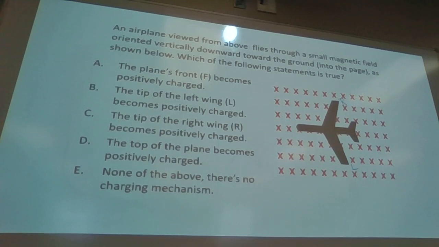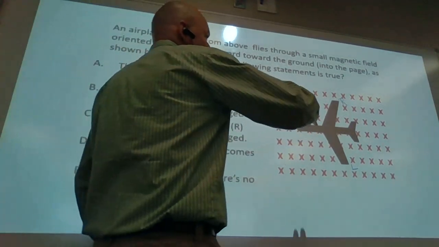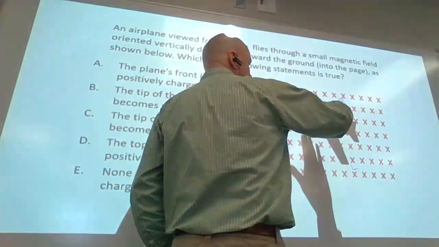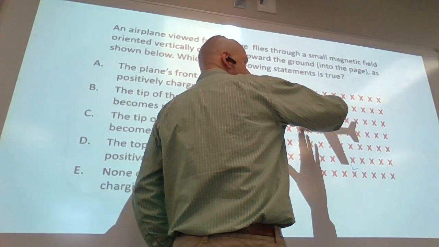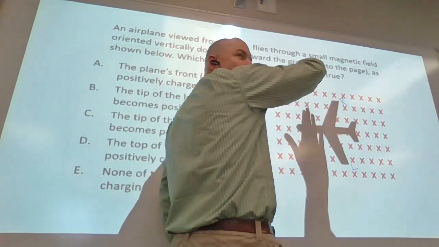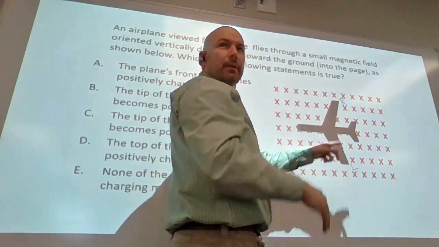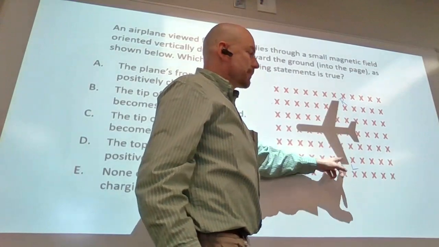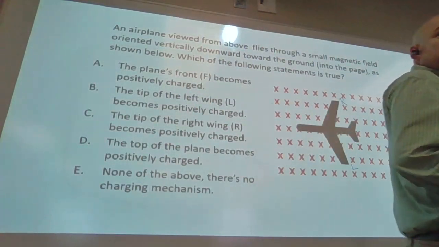Okay. Correct answer is? Good. B. So going to the left, fingers going in, electrons get forced to the back of the hand. So this is positive.